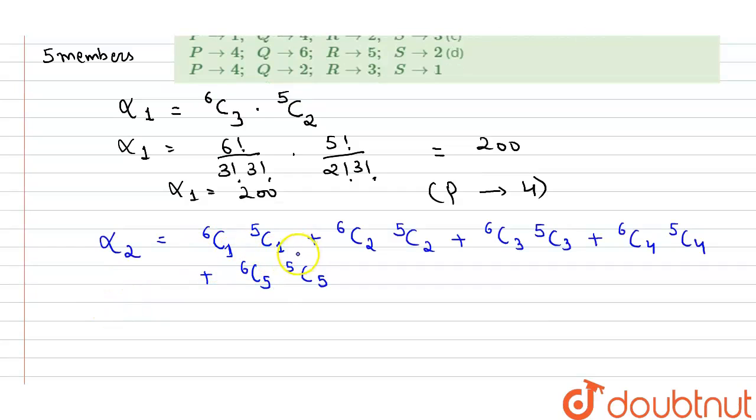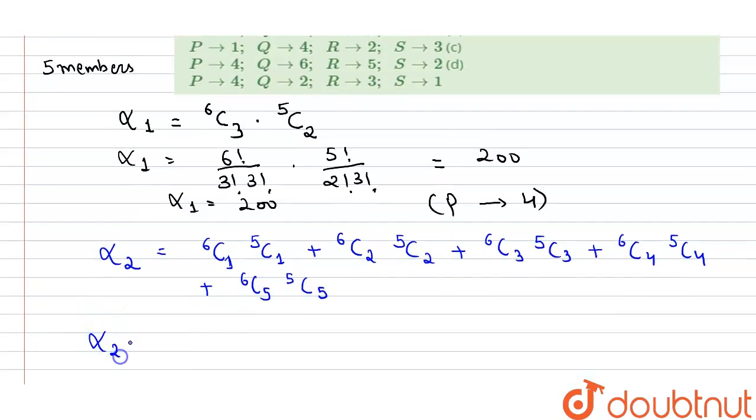As at least 2 members should be there, the maximum number is not given to us for the value of alpha 2. So now alpha 2 equals, in the place of 5C1, we can write 5C4 as well, because the value of 5C4 is 5 and 5C1 is also 5. Similarly, you can calculate this part normally, but here we are trying to make it simpler.